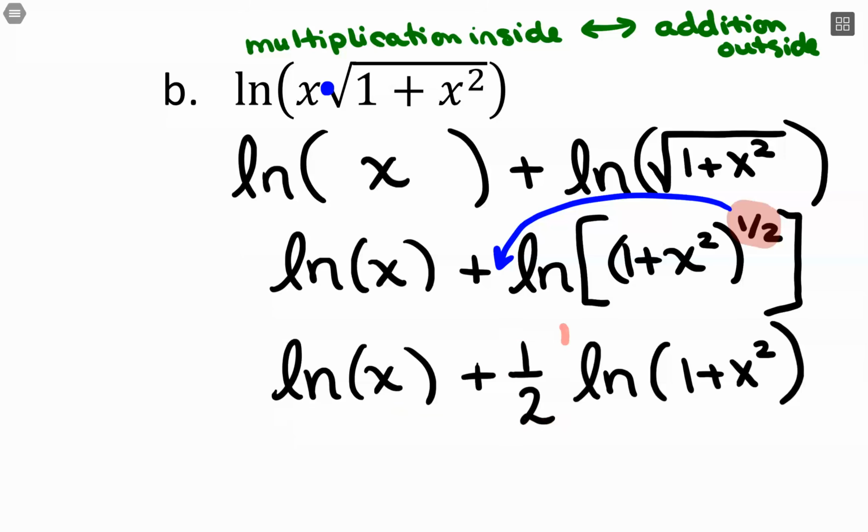That just has to stay out front. And then in terms of what's inside the natural log, so addition inside, there's nothing we can do. Addition outside, we actually want that right now because we were told to expand. So I don't want to then combine these using the multiplication rule because that wasn't part of it. They're telling us to expand it, so we want to make this expression longer.